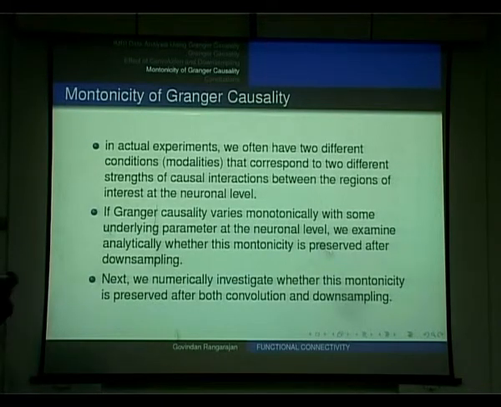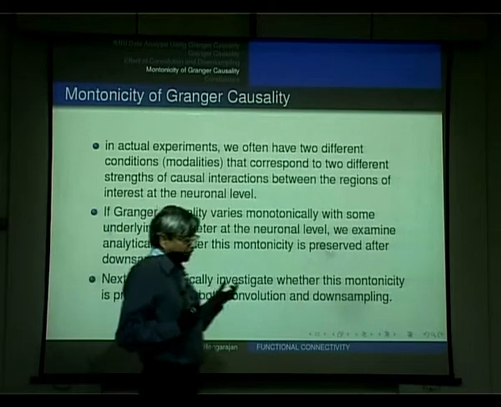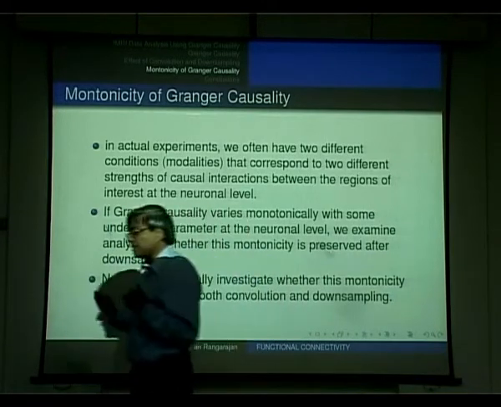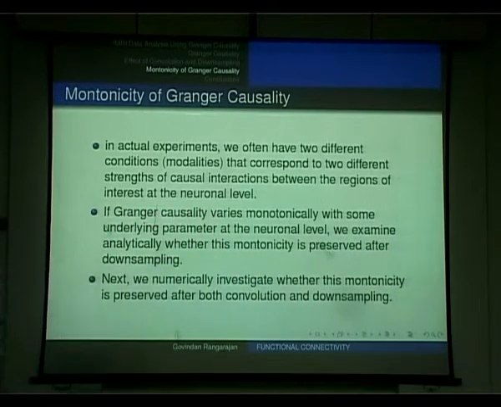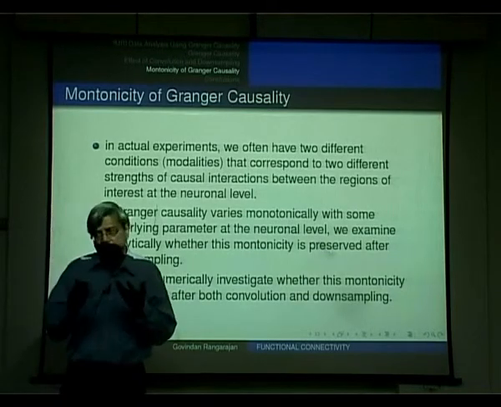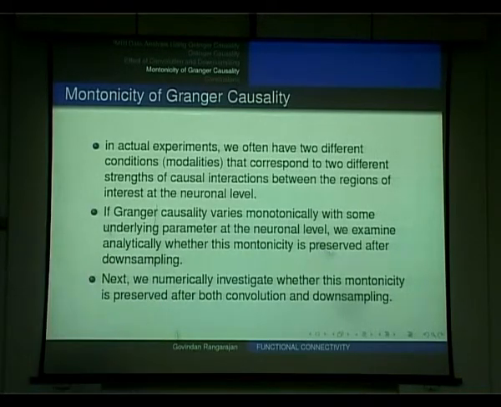Granger causality at the neuronal level and the board level, because often what we are interested in is the changes in the connectivity pattern, the changes in causal relation between 2 experimental conditions. So you are trying to distinguish whether there are changes which are happening because of 2 experimental conditions.